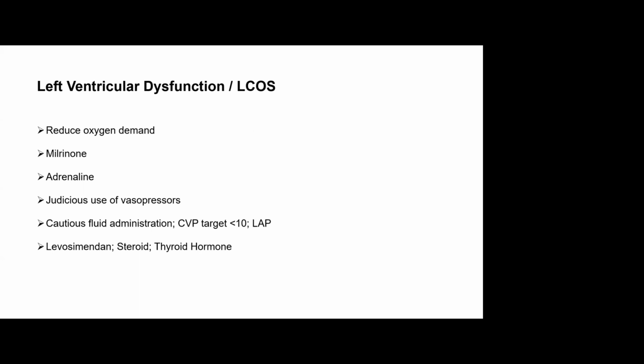Now, I've been talking about the milrinone, adrenaline, vasopressin combination. The idea is that all these drugs are working on different pathways in the cytosolic calcium augmentation pathway. Milrinone works as a phosphodiesterase inhibitor by maintaining high levels of cyclic AMP. Adrenaline works on the adrenergic receptor, whereas vasopressin works on the vasopressin receptor.